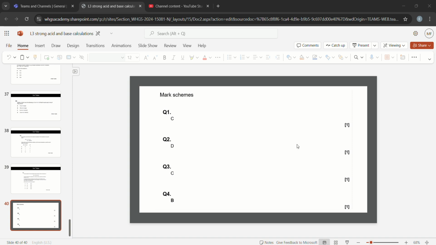So the bigger the number here, the smaller the concentration of H plus ions, and therefore the bigger the pH. And we obviously want a smaller pH. We want the pH to be halved.